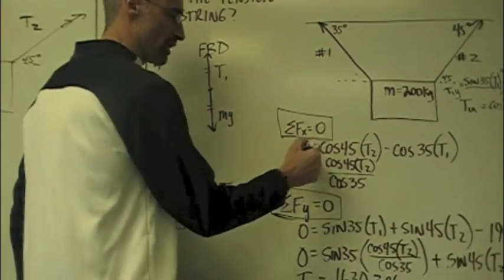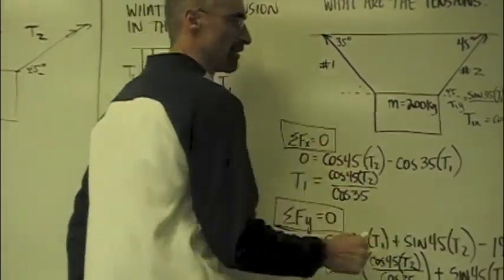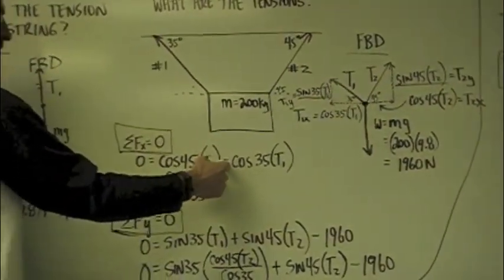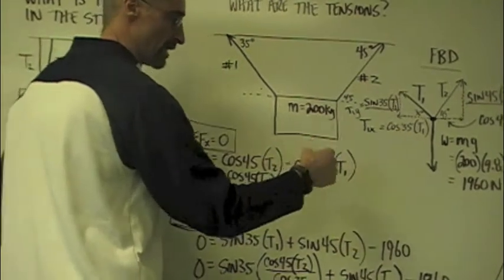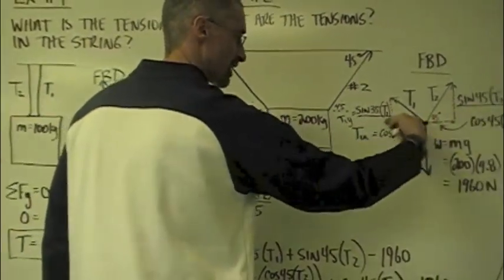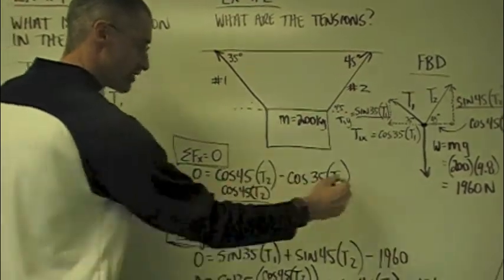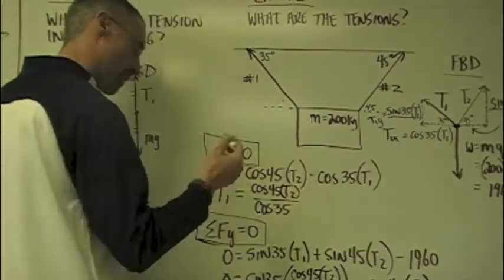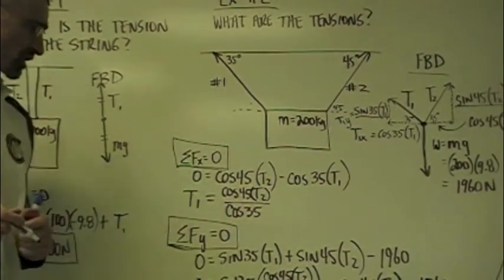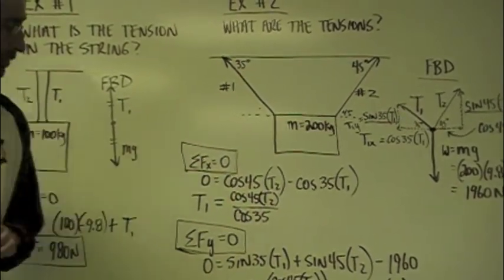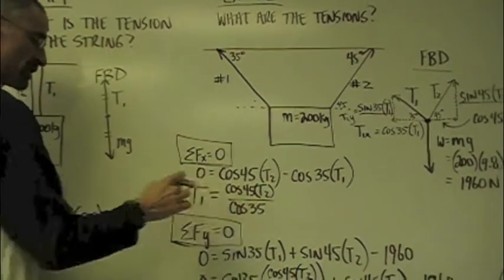So 0 equals cosine 45 T2, and that's in the positive direction, minus, or plus a negative if you will, cosine 35 T1. That is the equation that would come from summing the forces and setting them equal to 0. Everybody see that? Now, we're going to come back to this piece in a second.